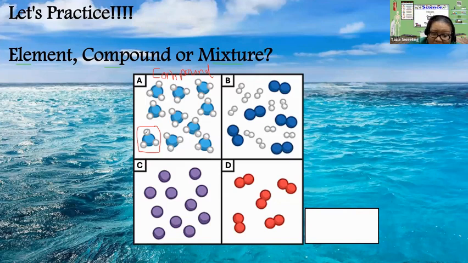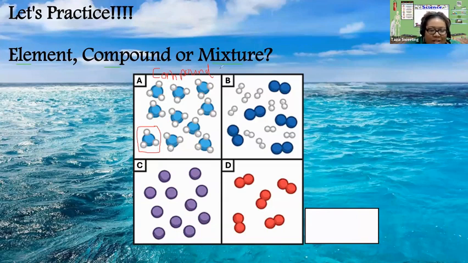You got 2 different colors, 2 different sizes. Those are 2 completely different types of atoms or elements. And are they physically joined together or are they chemically bonded? Chemically. They are chemically bonded. So we have one atom or element in the blue, another represented by the white. They are chemically bonded. This particular one here is a compound.